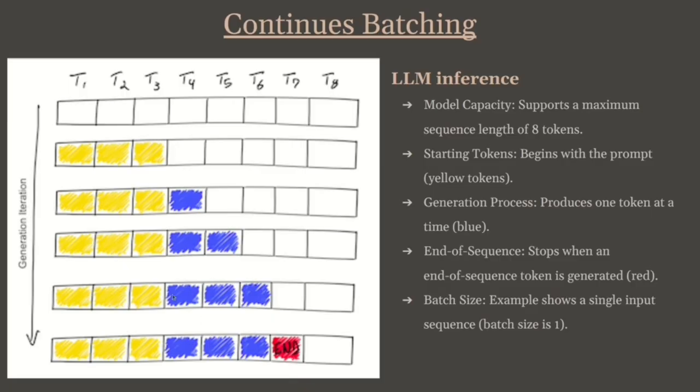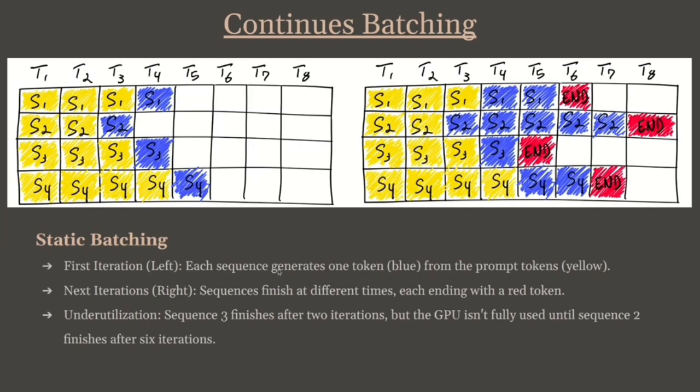Okay, so that's it. Now, before we talk about continuous batching, let's understand what static batching is, which we used in the traditional LLM. Batching in large language models means processing multiple input requests together in a single forward pass of the model. So instead of running the model separately for each request, we group them and feed them to the model at once.